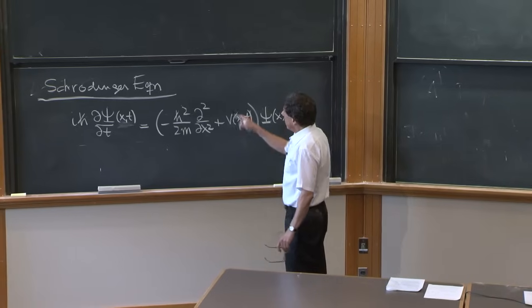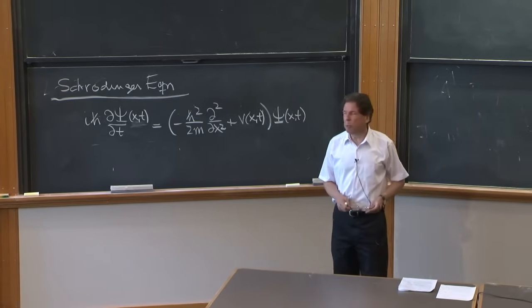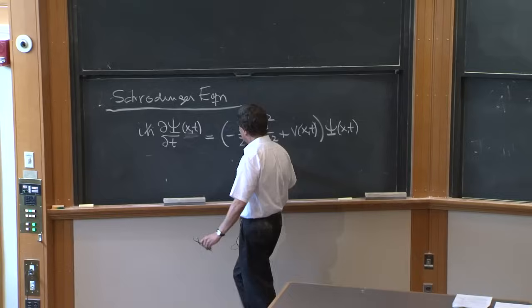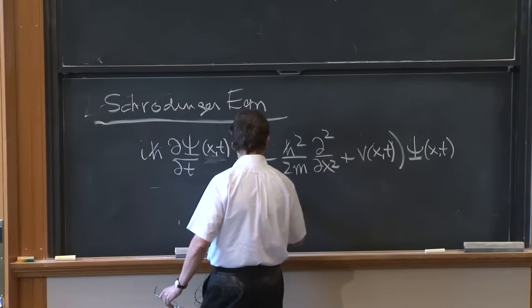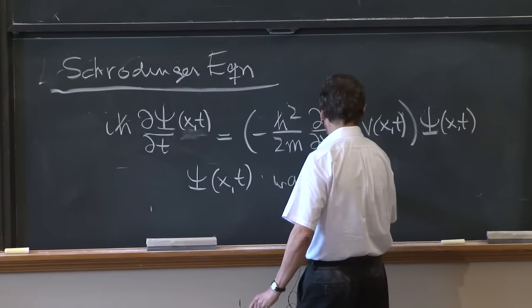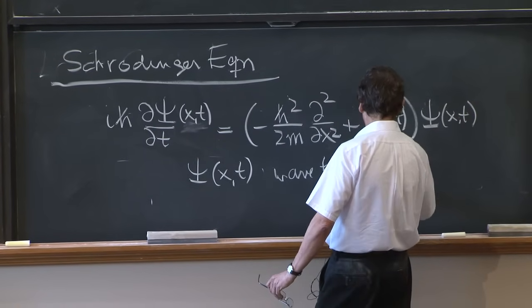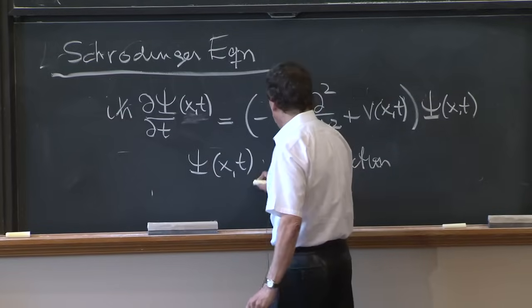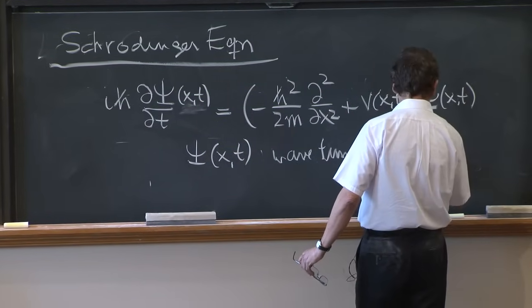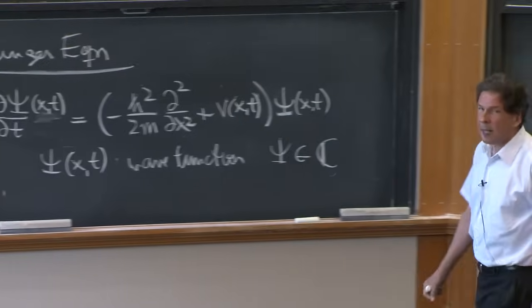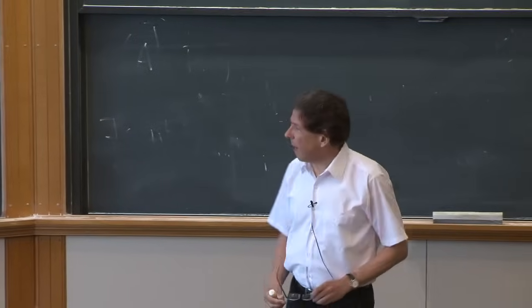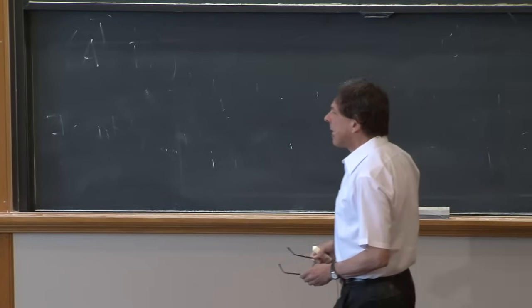And the most important thing that should be said at this point is that psi of x and t, which is the wave function, belongs to the complex numbers. It's a complex number, and that's by necessity.